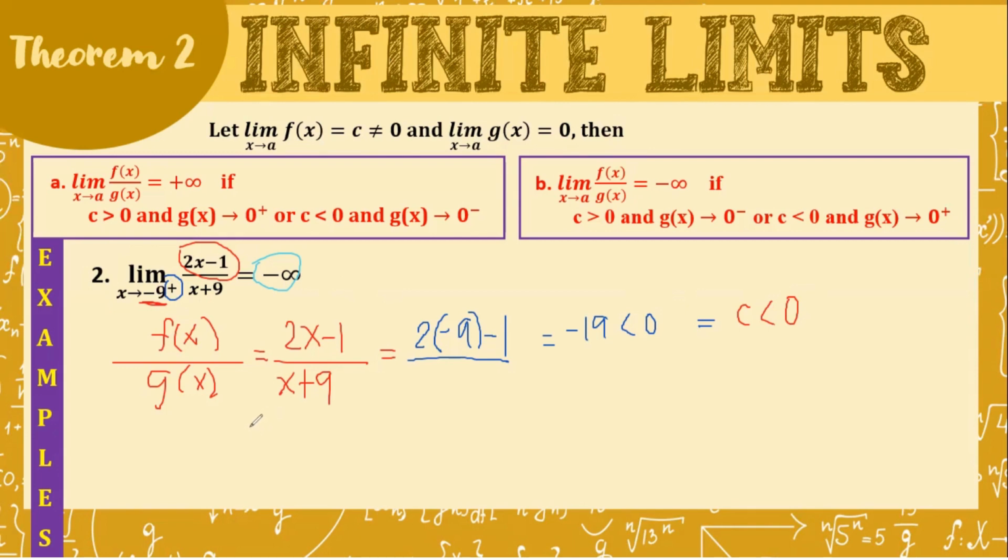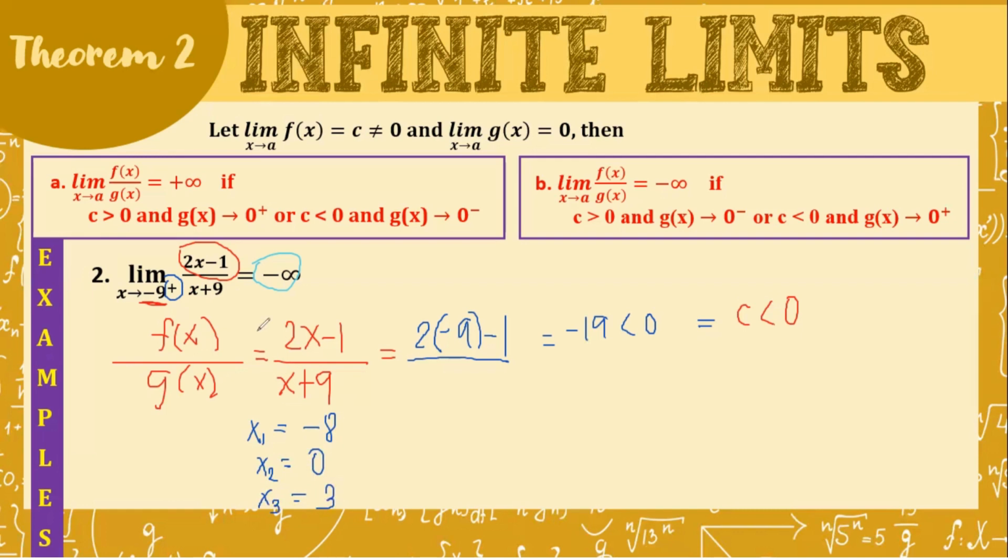Negative 8, okay, x is greater than negative 9, so negative 8 is allowed. What else? 0. Okay, what else? 3. Okay.